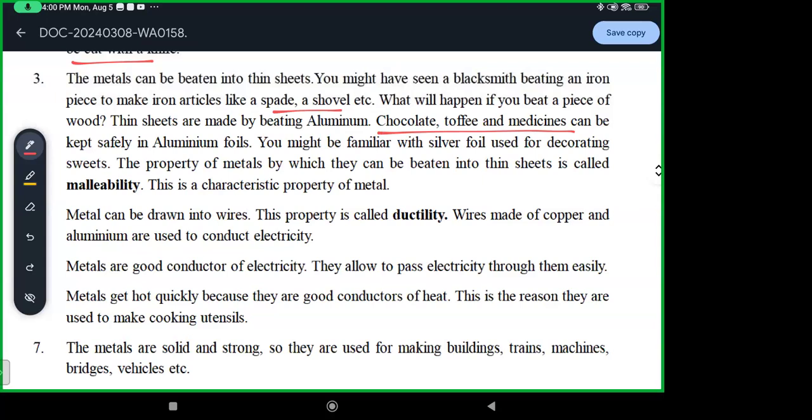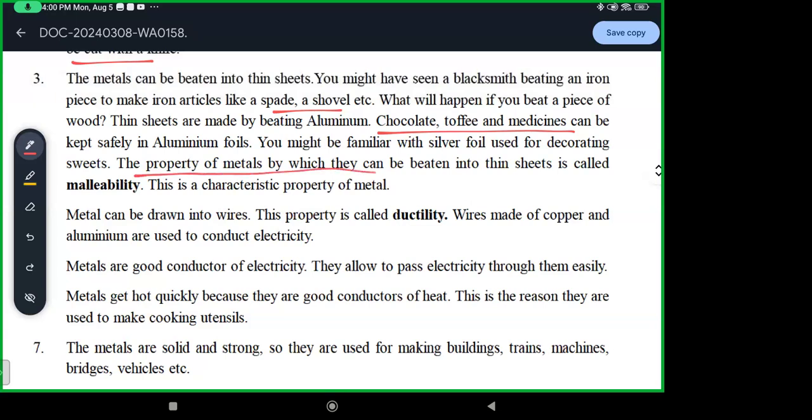If you've seen the medicines that come in completely silver wrapping, you've seen that. So it's talking about it. Now you might be familiar with silver foil used for decorating sweets. The property of metals by which they can be beaten into thin sheets is called malleability. Okay, this is important.